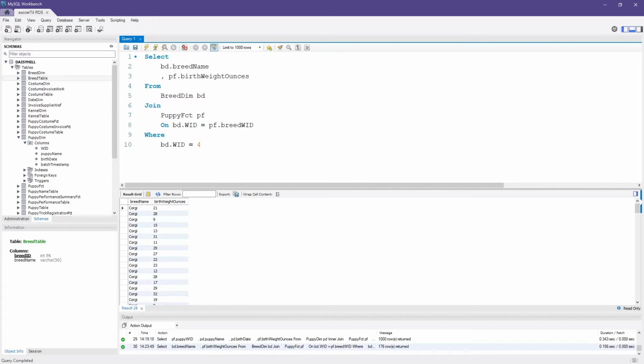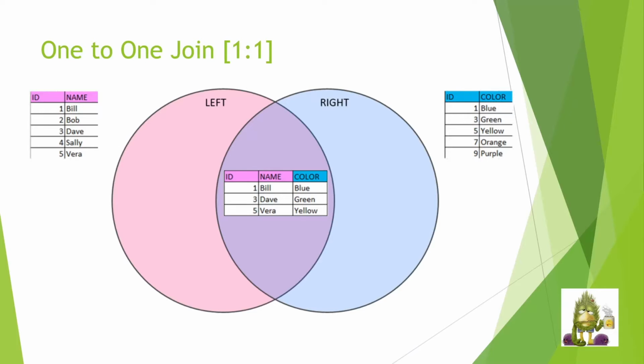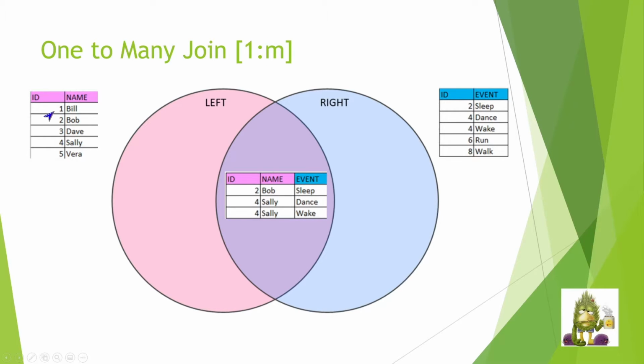Taking a look at what that says from our Venn diagram. Our one-to-many join is, in this case, we still have our same names, but now we have events for those names. Event for ID 2 happens to be sleep. 4 has 2, which is dance and wake.